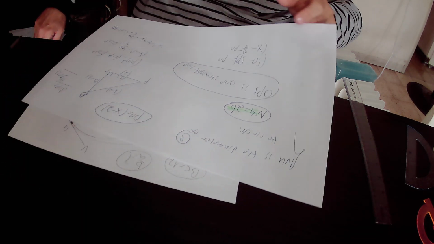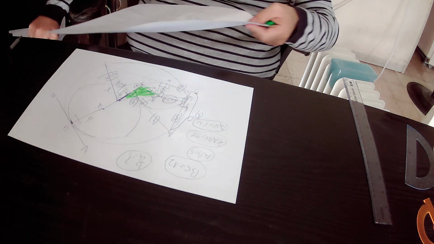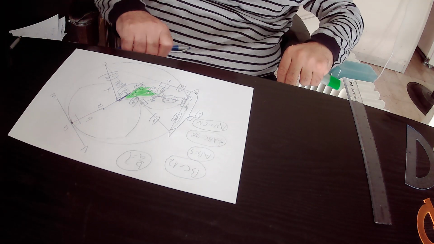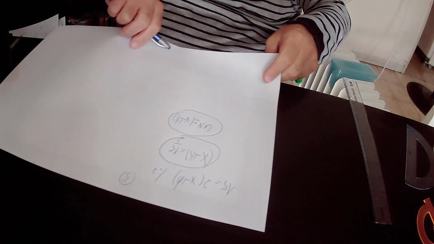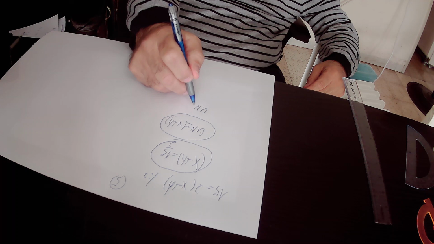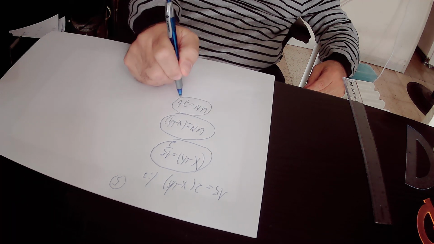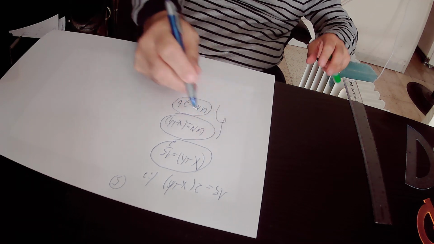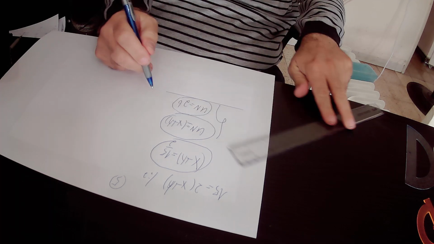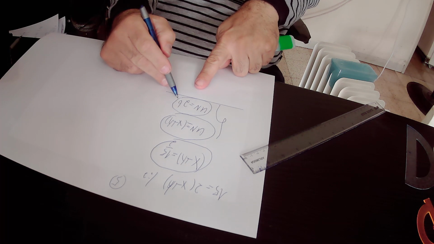This is the diameter of this circle. So you can write that UN is also equal to 2b. And from those two equations, UN equals x plus h and UN equals 2b, we derive that x plus h equals 2b.